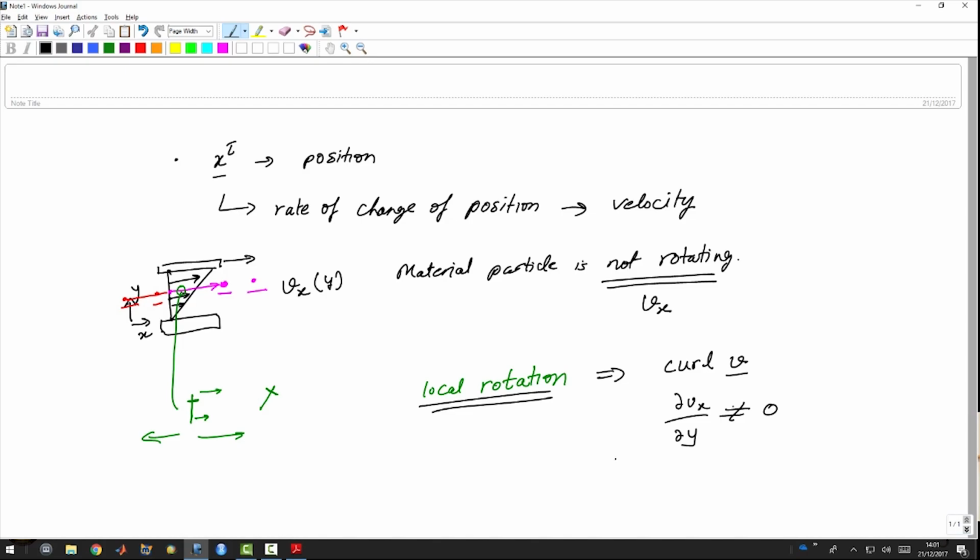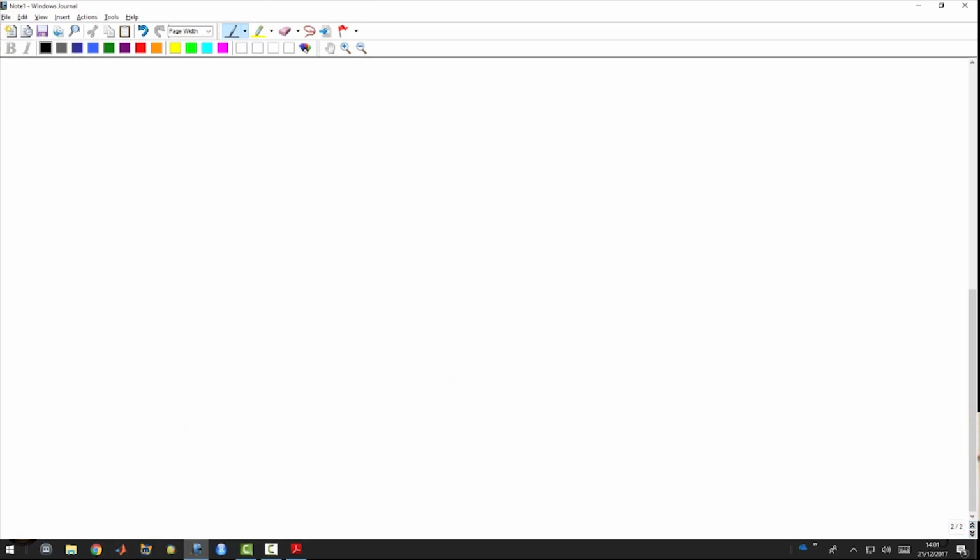We can also look at another situation where, let's say, there is a rotation. Let's say a disk, and this disk itself is rotating. And let's say if the rotation rate is omega, then we know anywhere if the distance is r, then the velocity here is omega r.